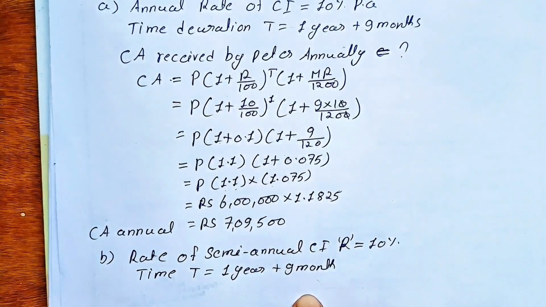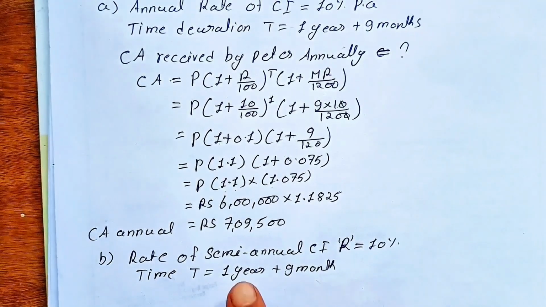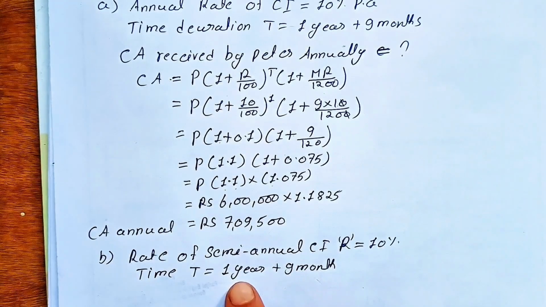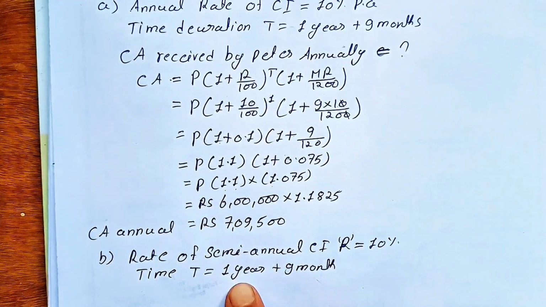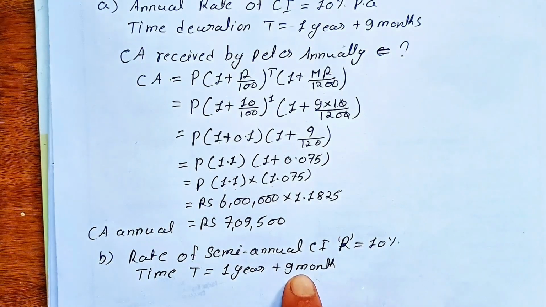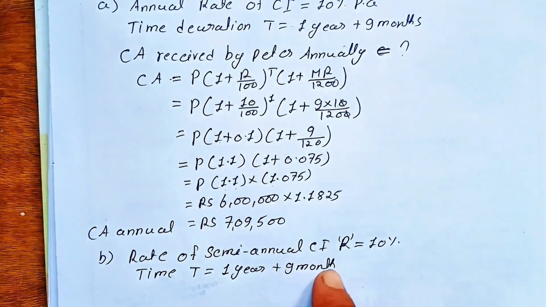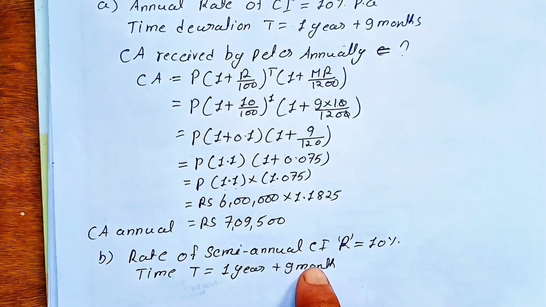As for the semi-annual compound interest, in a year the compounding is done twice, and in 9 months the compounding is one time plus 3 months extra. So we change this 9 months into one factor of 6 months and one factor of 3 months.